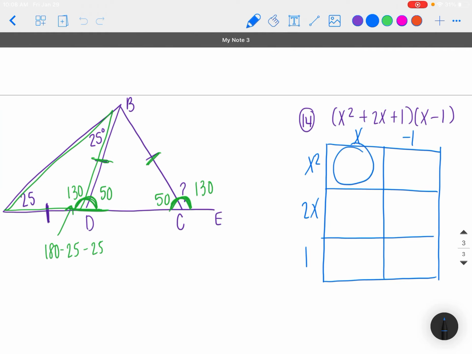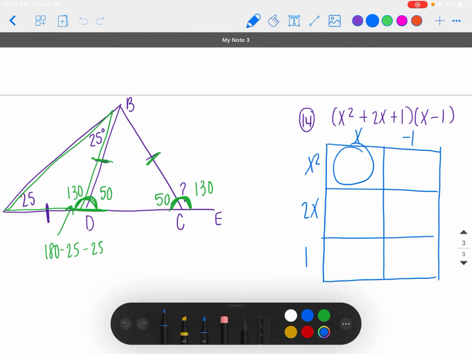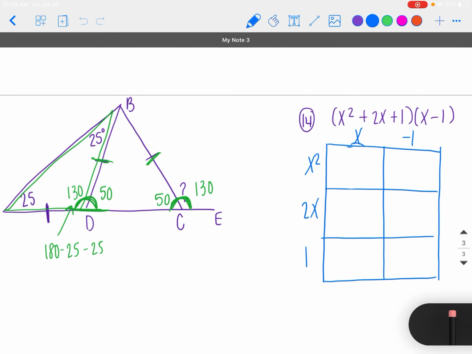And what we do, each little square here tells me, each square, I won't miss anything. So like this first one, I'm going to multiply x squared times x to get x cubed. And then this next one would be x squared times negative 1, which is negative 1x squared.